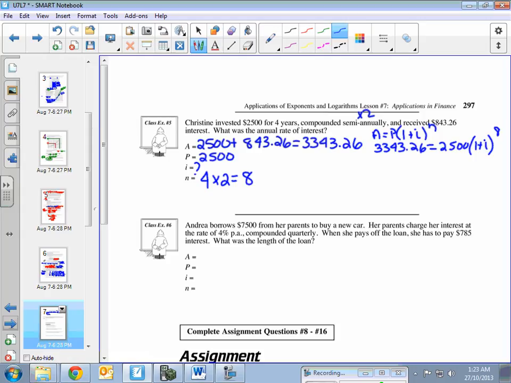Start out the same as any other equation, divide by 2,500. So I have 3,343.26 divided by 2,500 is equal to 1 plus I to exponent 8.